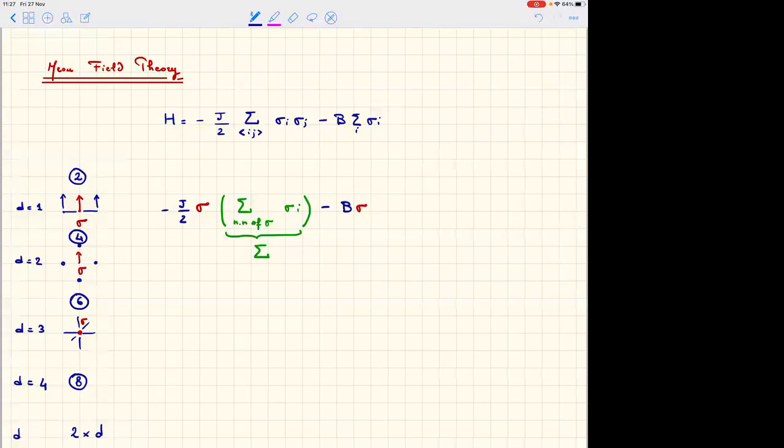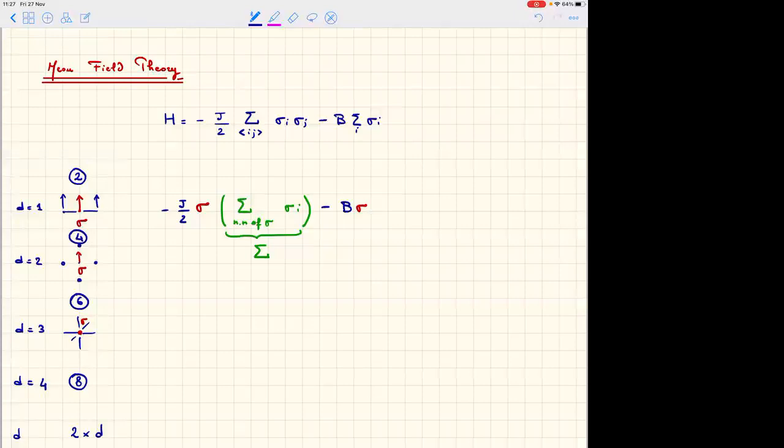Anyway, the correct statement in any case is that the number of nearest neighbors, as the dimensionality grows, correspondingly gets larger and larger. Now think about this sum, sigma. This sum sigma is a sum of identically distributed variables.